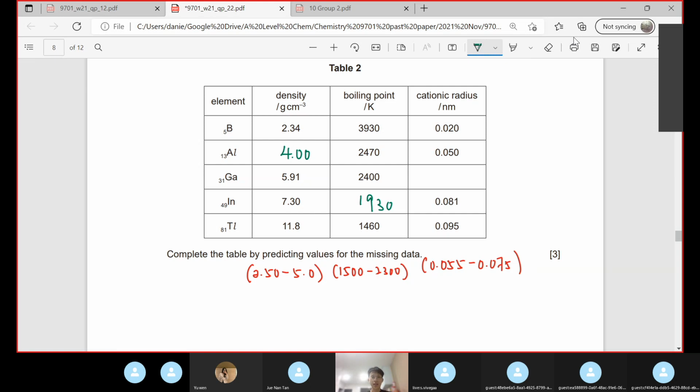Then for the cation radius, 0.05 plus 0.081, then divided by 2, you will get 0.0655. Let's say you round off to 0.066. It is in the range as well. So if you come up with a prediction, find the mean, the midpoint between them.